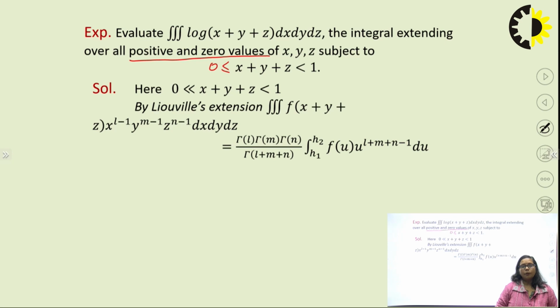Okay. So what we got here, 0 less than or equal to x plus y plus z less than 1. This is the definition of Liouville's extension.